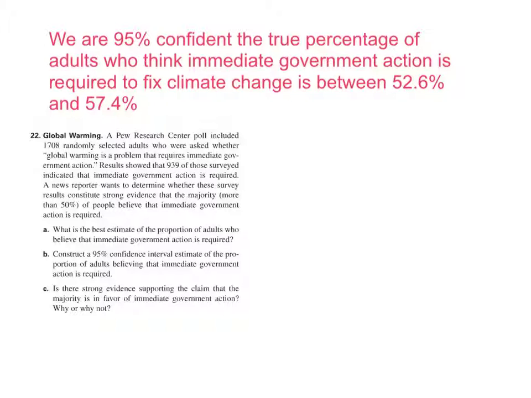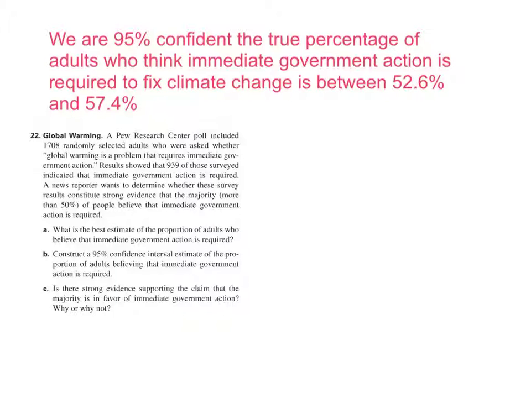What I just found, and I converted those numbers to percentages, is that the actual true percentage of adults who think government action on climate is required is between those two numbers. And there's a 5% chance I'm wrong, because I'm at a 95% confidence interval. There's a 5% chance that I actually missed the true percentage. But that's what a confidence interval is doing.